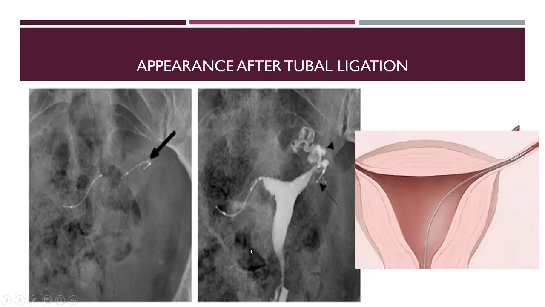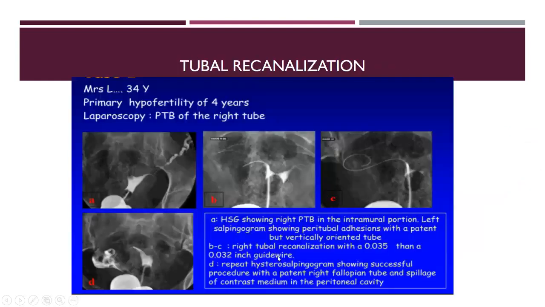It's not done so much, but many people have done it as research, and it gives good canalization of the tube, except if the tube itself is unhealthy after that. This is tubal recanalization. Here, guide wire, and after injection we found that the tube became recanalized.